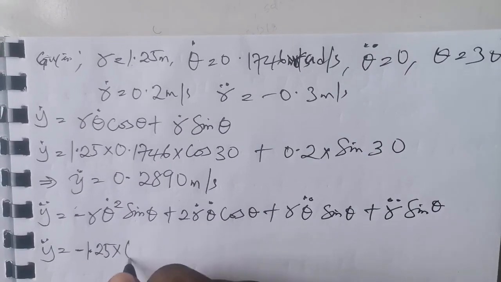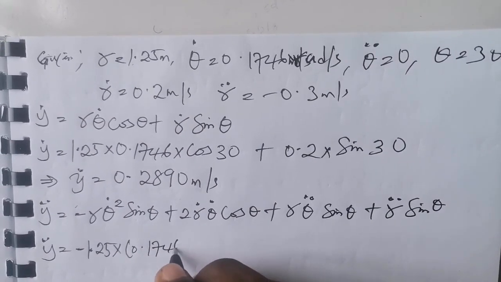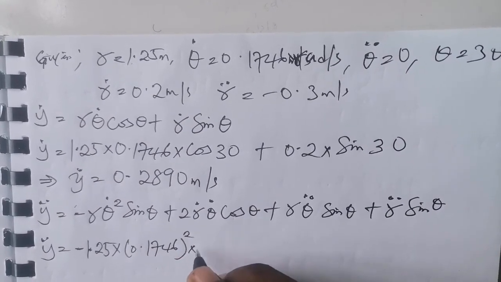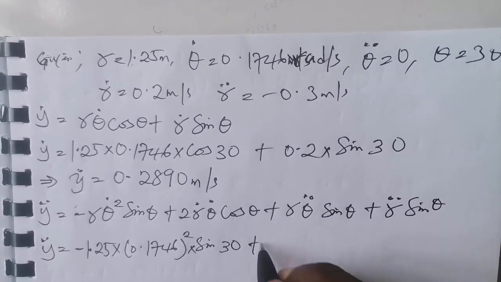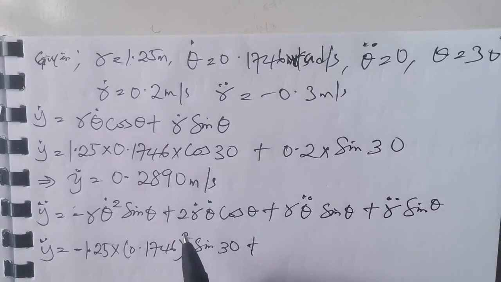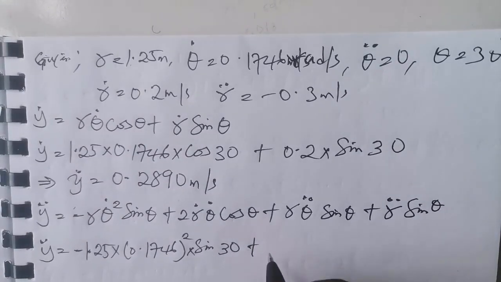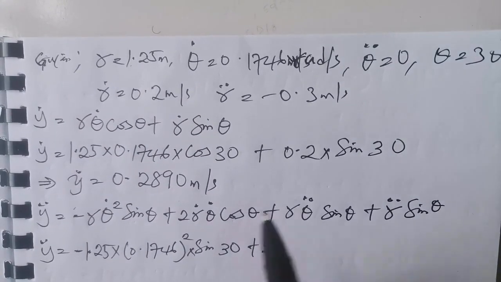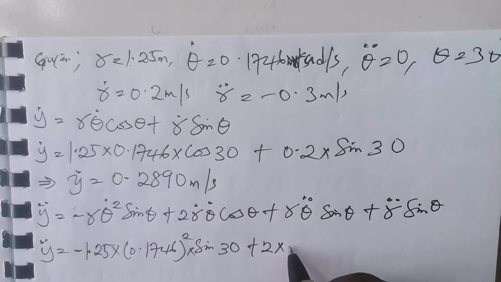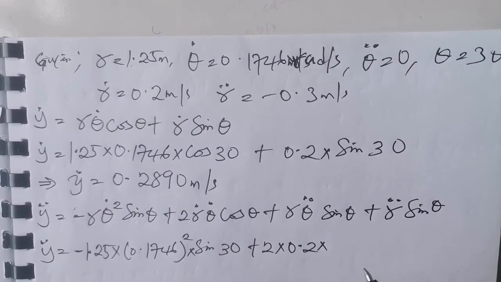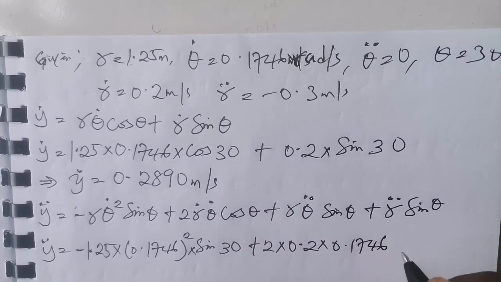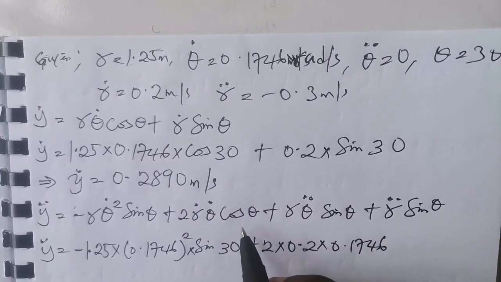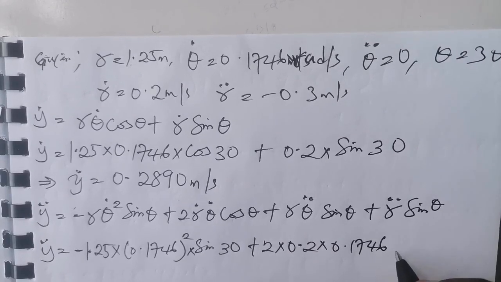Theta dot is 0.1746 all squared, multiplied by sine 30, plus you have 2 r dot theta dot, so 2 times 0.2 multiplied by theta dot, which is 0.1746, times cos 30.